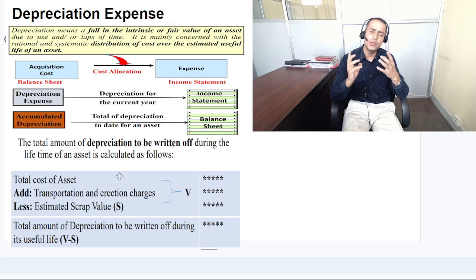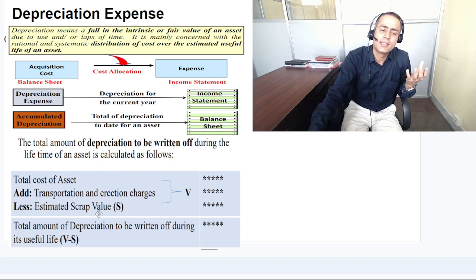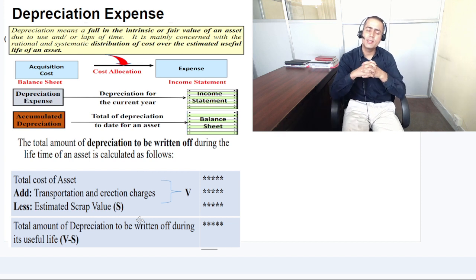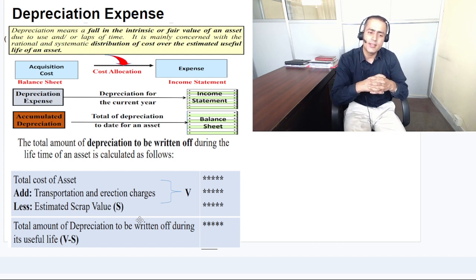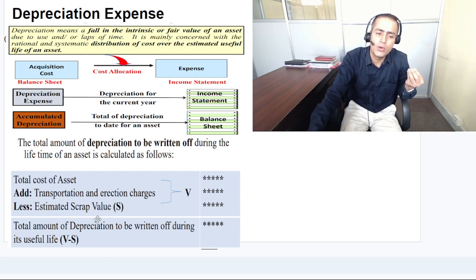Now the next question is, when you are asked to find the depreciation to be written off during the life of the asset, in that case the total cost plus transportation and erection charges is V, that is the acquisition cost. Now if there is a scrap value, for example you purchase a machine, then at the end of the life what value you could realize is called scrap value or salvage value.